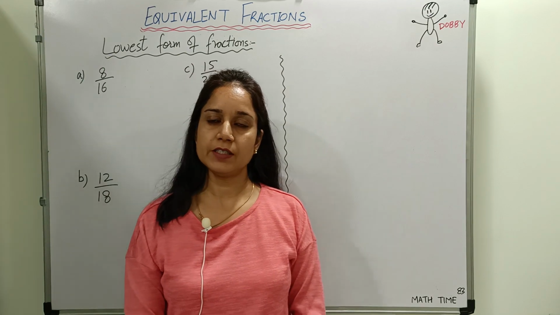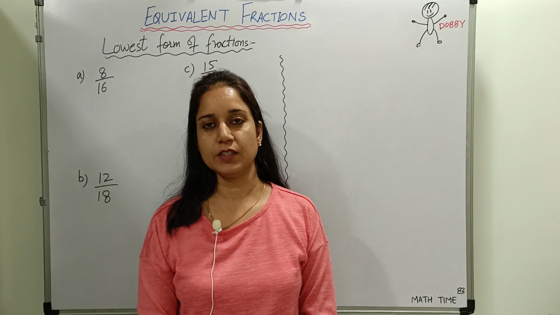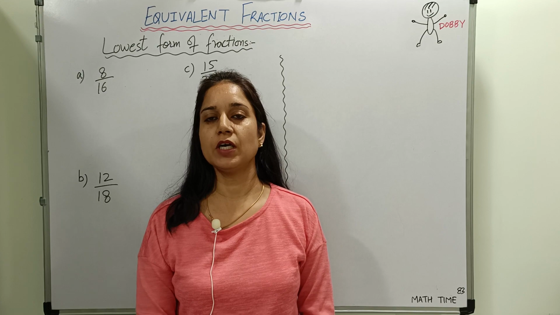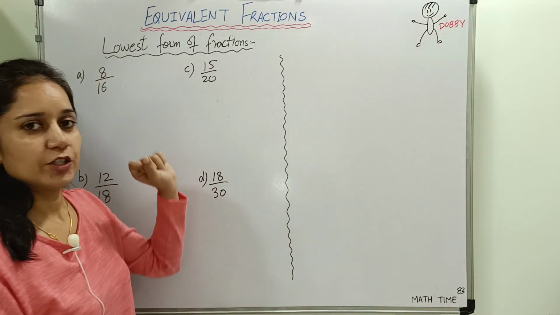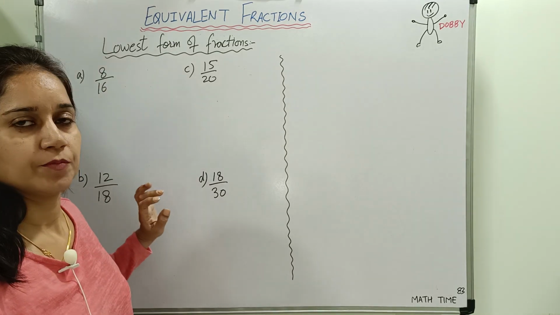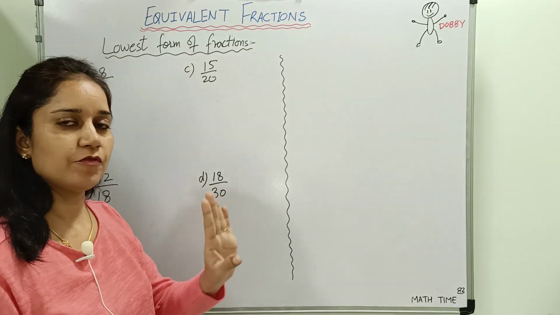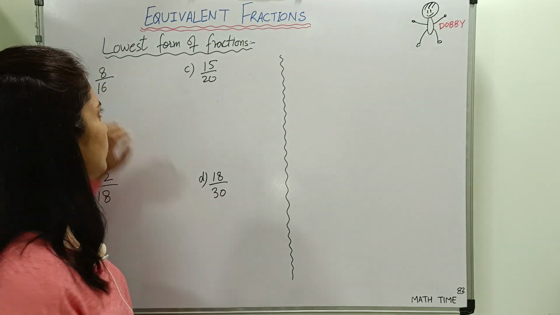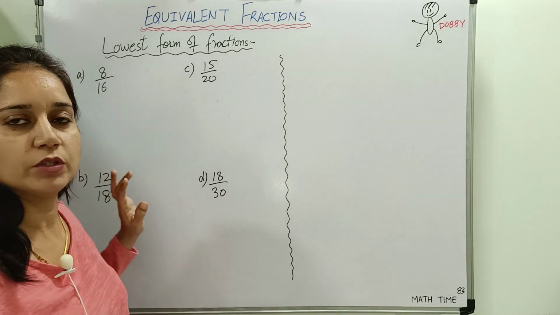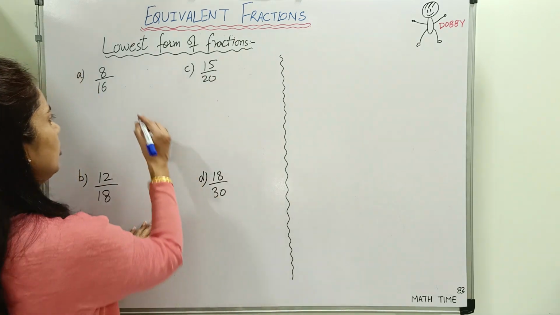Now, after understanding the concept of equivalent fractions, let us see how to reduce a given fraction into the lowest term. The first fraction: 8 upon 16. The first method which I am telling you is the HCF method. Here we have to find the HCF of both the numbers, numerator and denominator both.